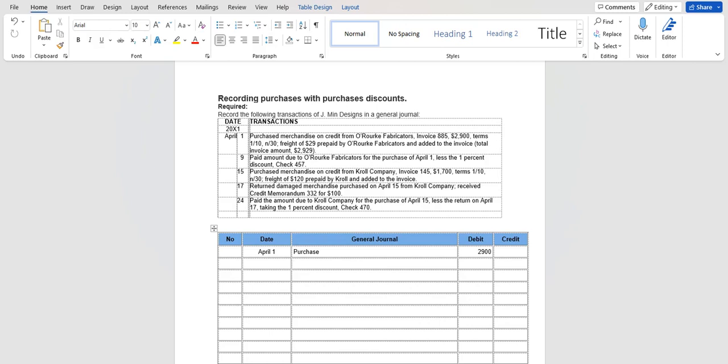It says freight of $29 is prepaid by Heroic Fabricators and added to the invoice, and the total amount of the invoice is $2,929. So let's record our freight in, that's $29. Then we create an accounts payable, which is a liability account.